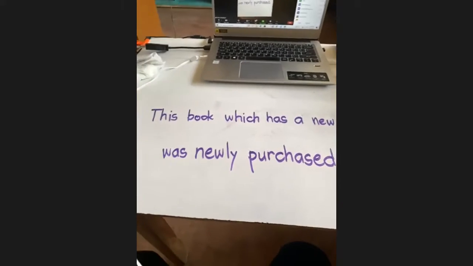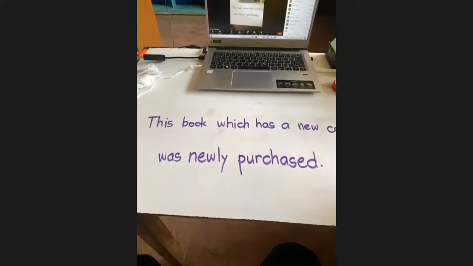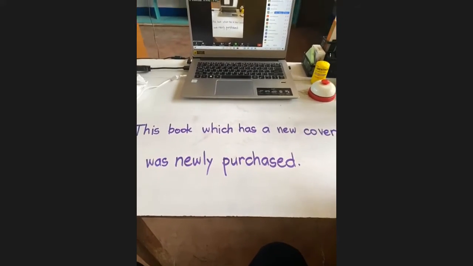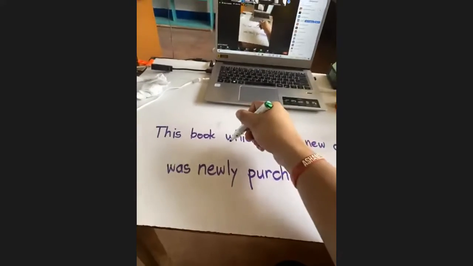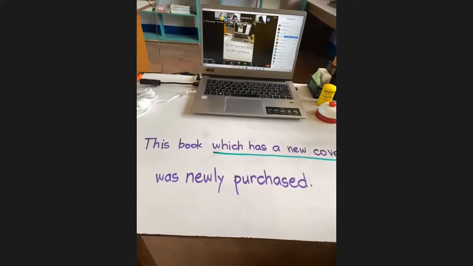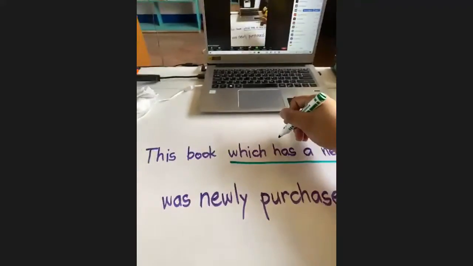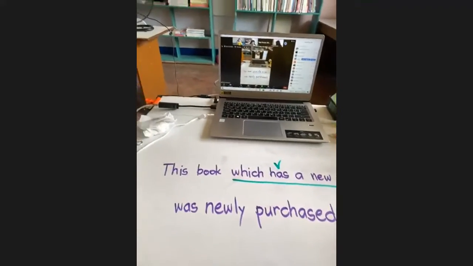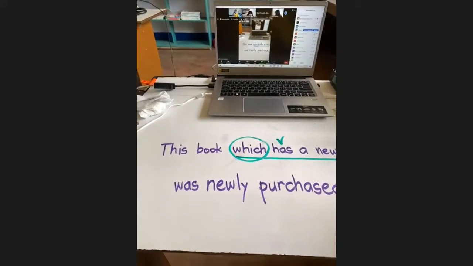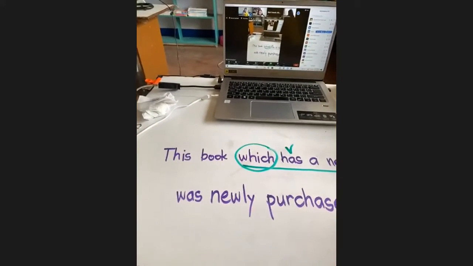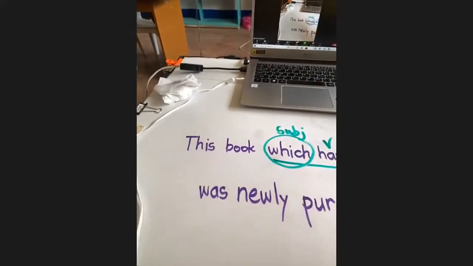So here's your sentence. This book, which has a new cover, was newly purchased. What is our modifier to book? We have this. What is our clause modifier to book? We have this set. Let's examine. Is it a group of words? It is. Does it have a verb? It does. Where is the subject? The subject is represented by the word which. The relative pronoun which represents the subject. Allow me to repeat that.